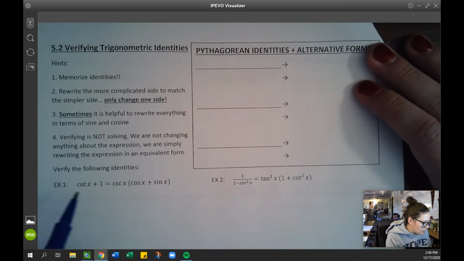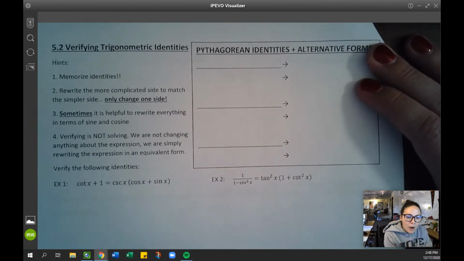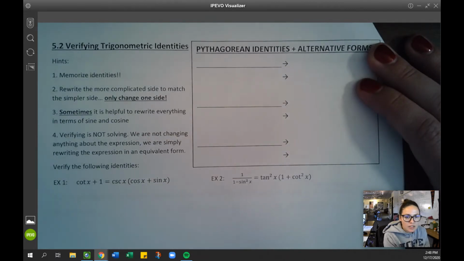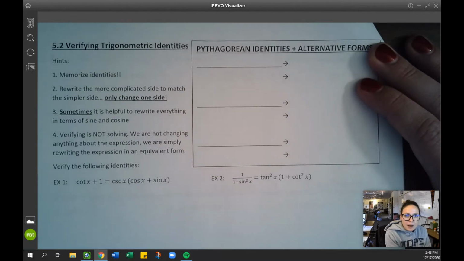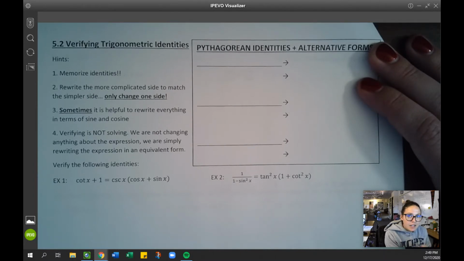As we go through these examples, the tricky thing is that there's not one set way that works every single time for all of these problems. That's why I mentioned in our last class that Unit 5 is a lot about problem solving and learning to think outside the box, and accepting the fact that it's not always going to work exactly the same.